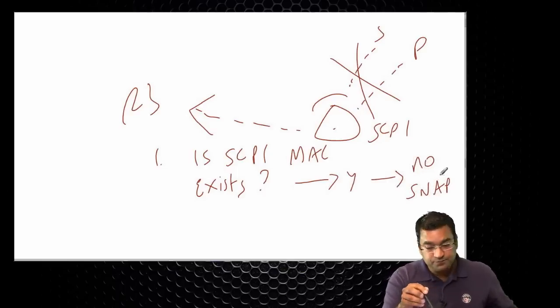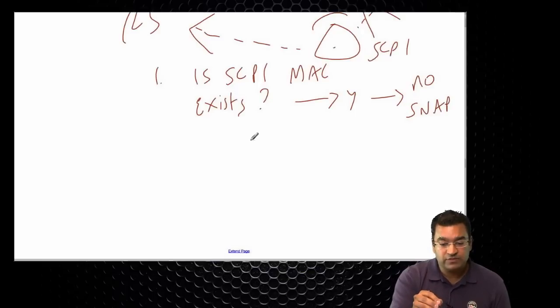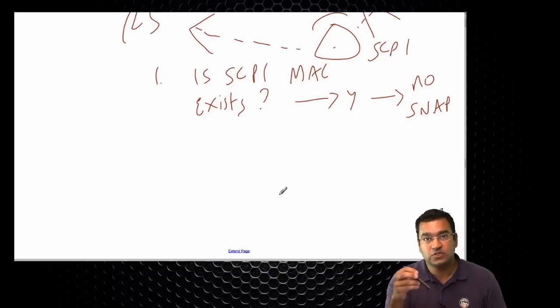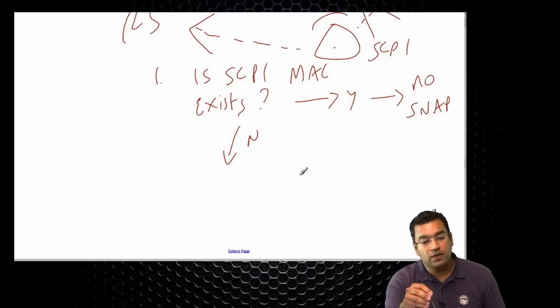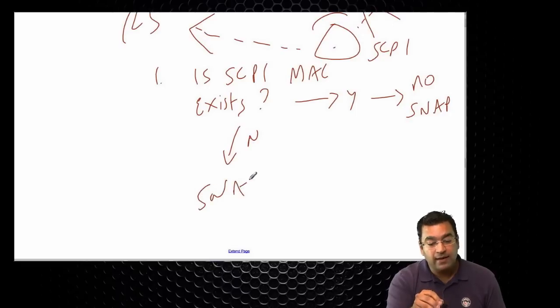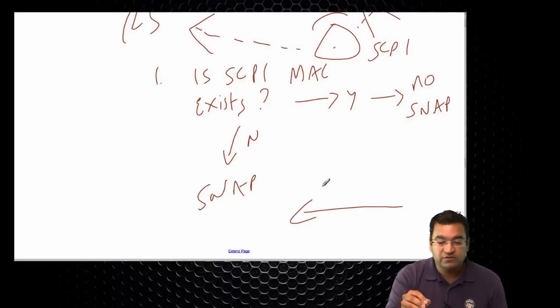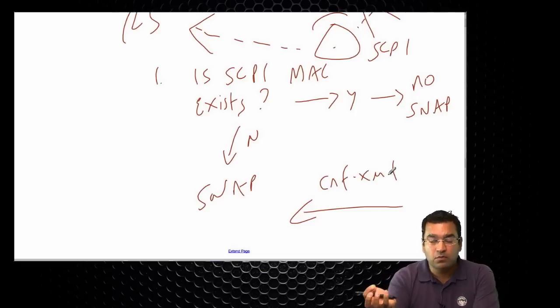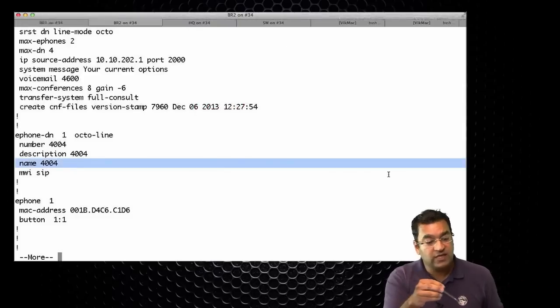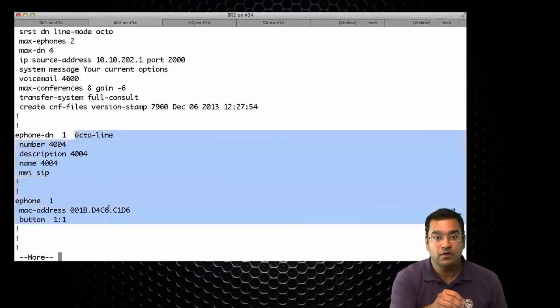If, however, the answer is no, the MAC address does not exist in the running configuration, then it will invoke SNAP and it will ask for the configuration file. It'll ask, okay, phone, give me your configuration file, and I'm going to build the ePhone DNs and ePhones much in the same way as has happened here.